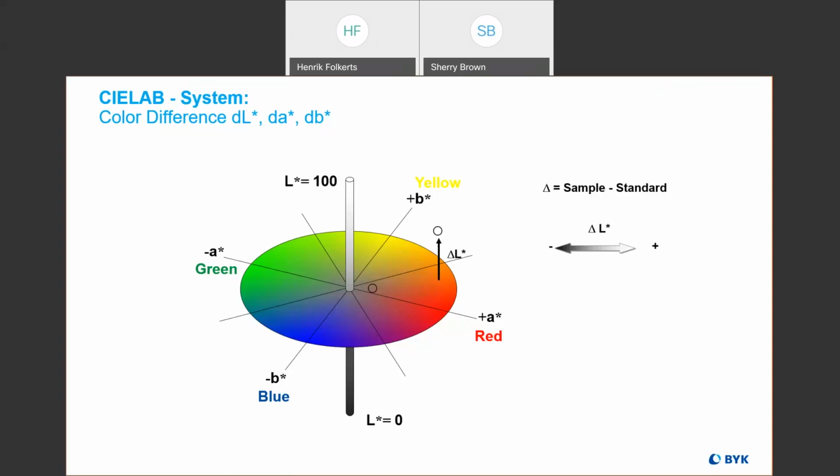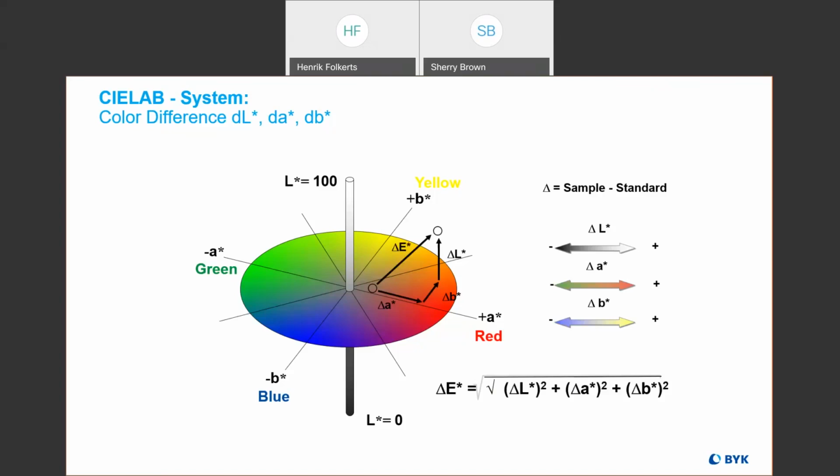And so you're measuring the color of both. You get two sets of LAB values, and then in order to determine the color difference between sample and standard, you're going to subtract one from the other. Sample minus standard, so you get a delta L value, the difference in the L values, delta A value, the difference in the A value, the difference in the B value.